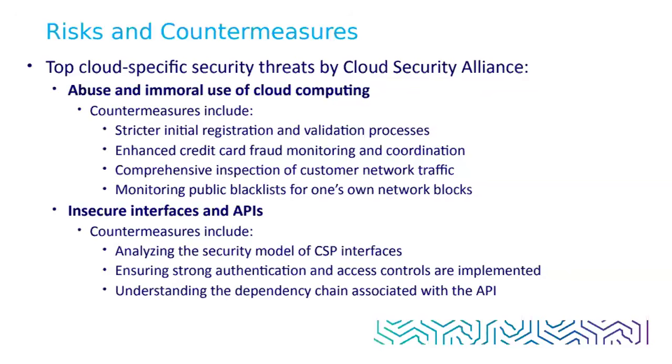So according to the Cloud Security Alliance, the organizations can strengthen the cloud security by preventing the abuse of cloud service through strict customer validation, fraud detection, traffic inspection, and blacklist monitoring, while protecting the cloud management interfaces by evaluating the API security, implementing strong authentication and access controls, and understanding the API dependencies before deploying the cloud services.